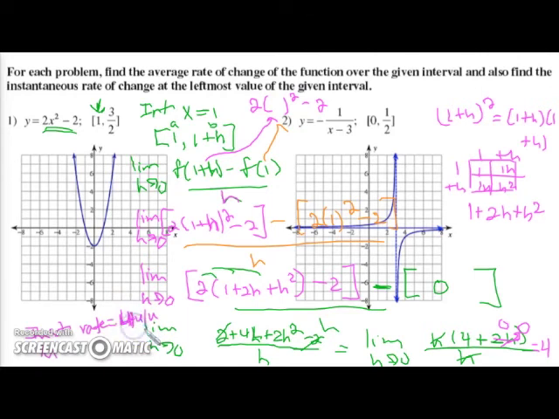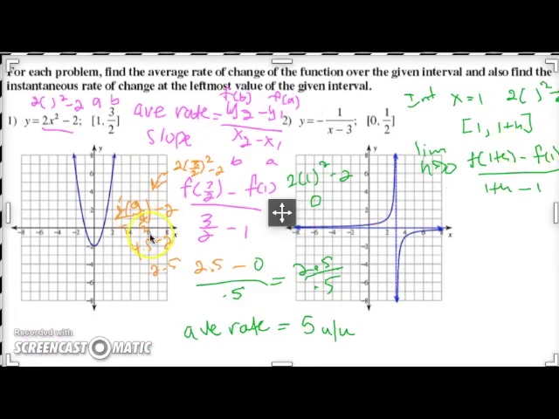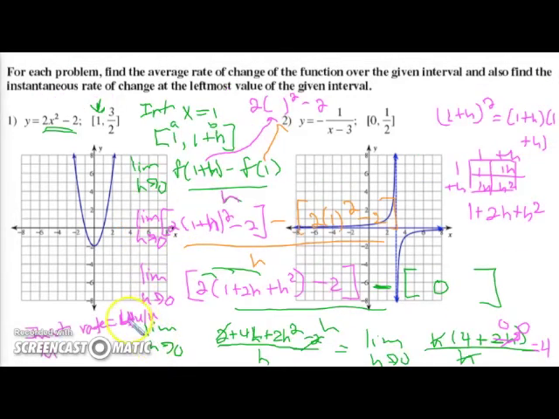If I compare to the one before, here we go, my average rate is 5 units per unit. That means on average, if I go from 1 to 1.5, my average speed is actually much higher than my instant speed, because my instant is 4 units per unit.